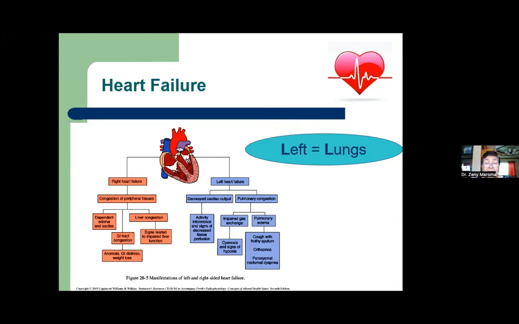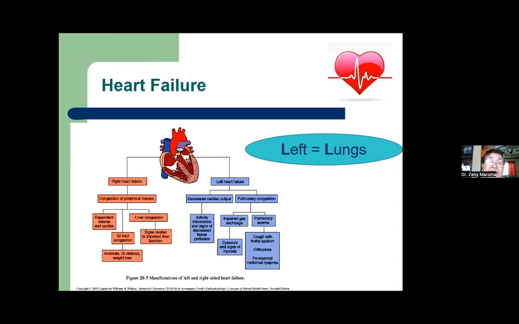Kaya pag may left side failure, sooner or later, there will be right side failure. Hindi natin alam kung hanggang saan ang kaya ng puso. Kaya sooner or later. Surely, 100%, pag may left side failure, susunod si right side.